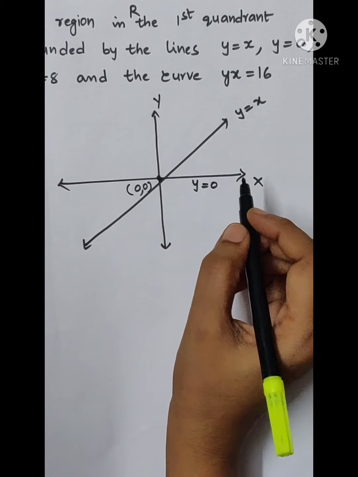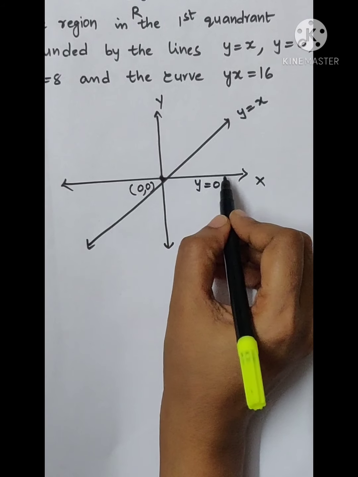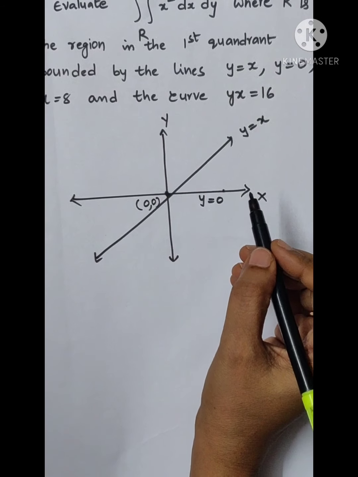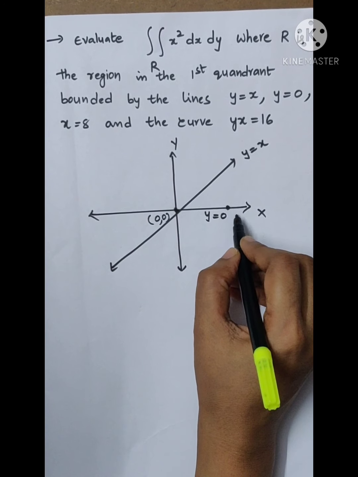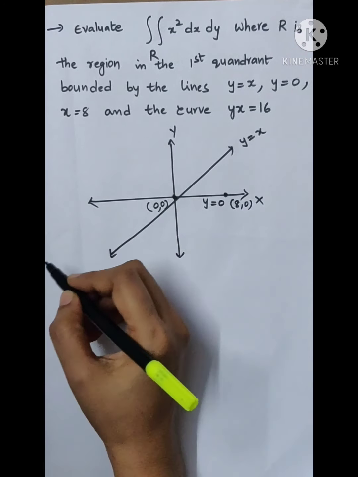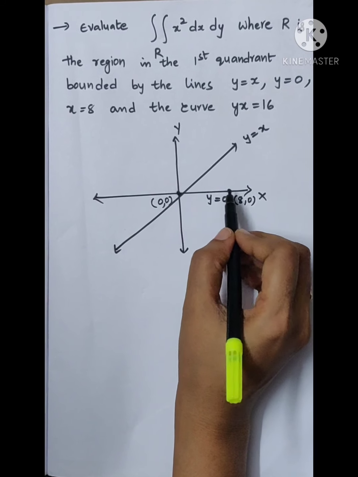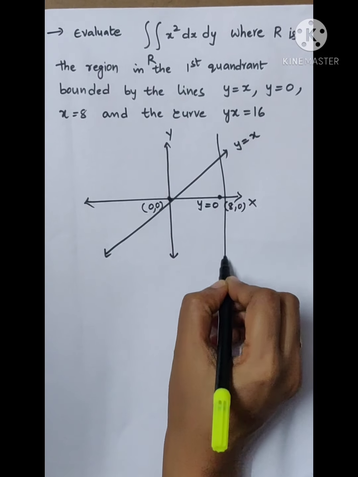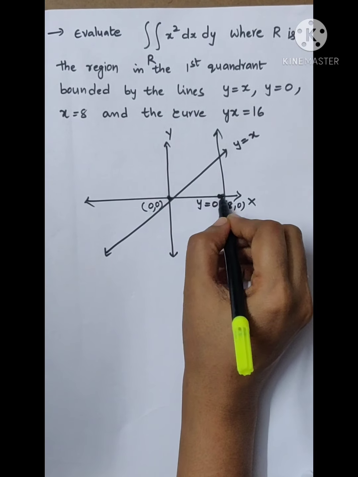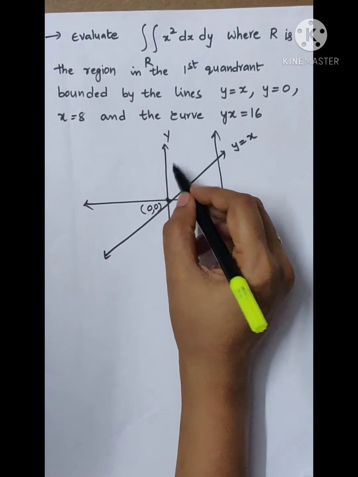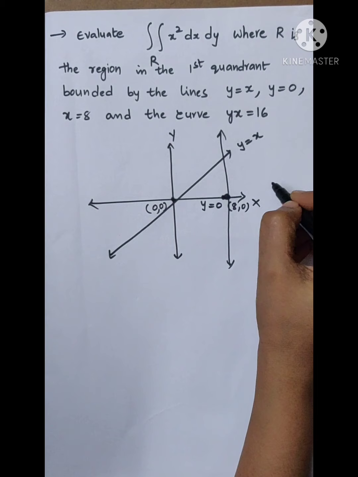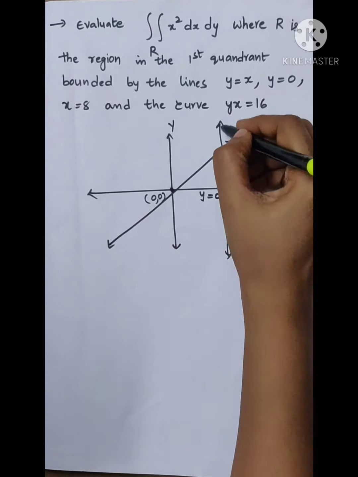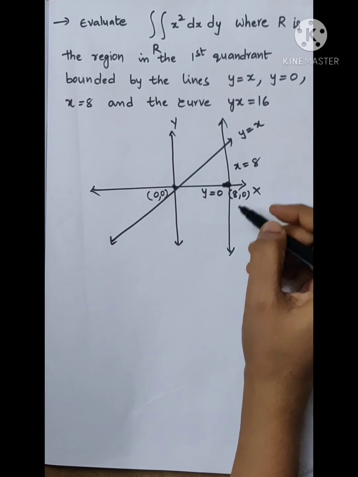X equal to 8 means along the x axis 8 units distance, so this is the point 8, 0, and the line parallel to the y axis. This is the line x equal to 8.